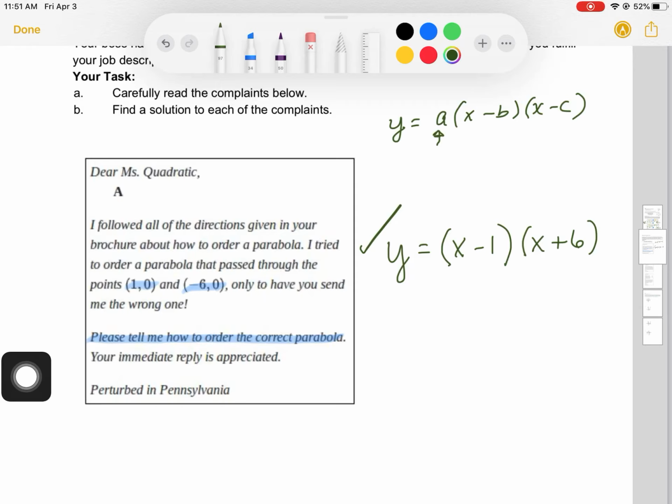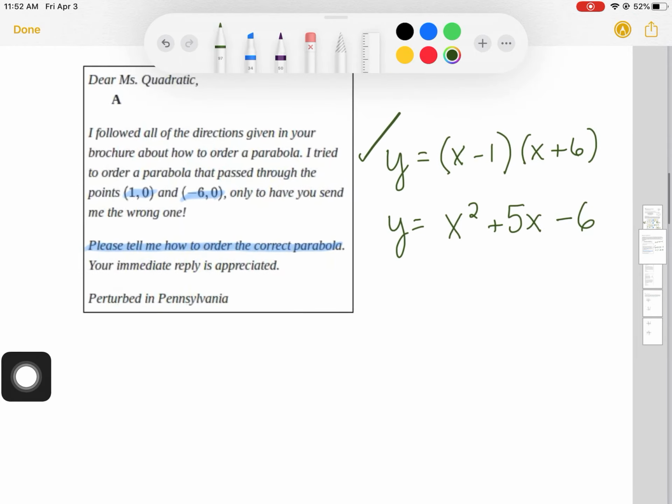So this would be a parabola that satisfies that. There are many more that would, but in this situation, that's all that we need to do, is we need to make sure that that parabola goes through those 2 points. So this would be a factored form that would give them that parabola, or we could, in turn, change this into expanded form, into our standard form, and give it to them that way as well. Either one of those would work.